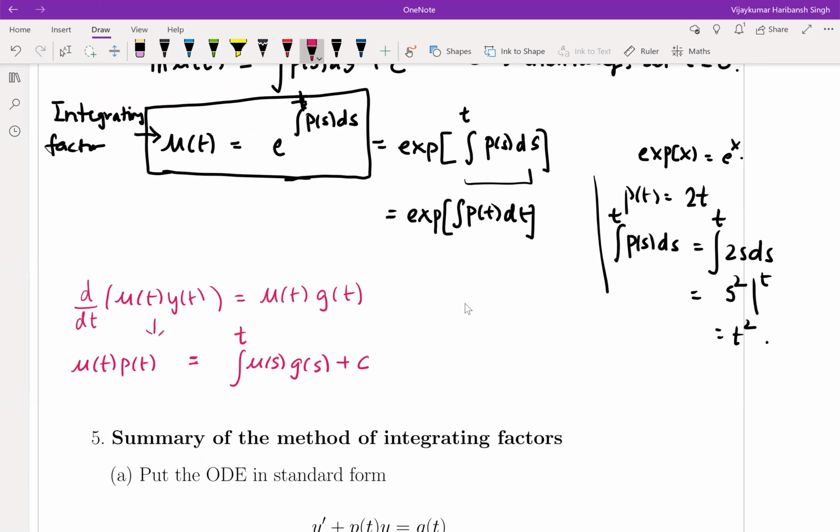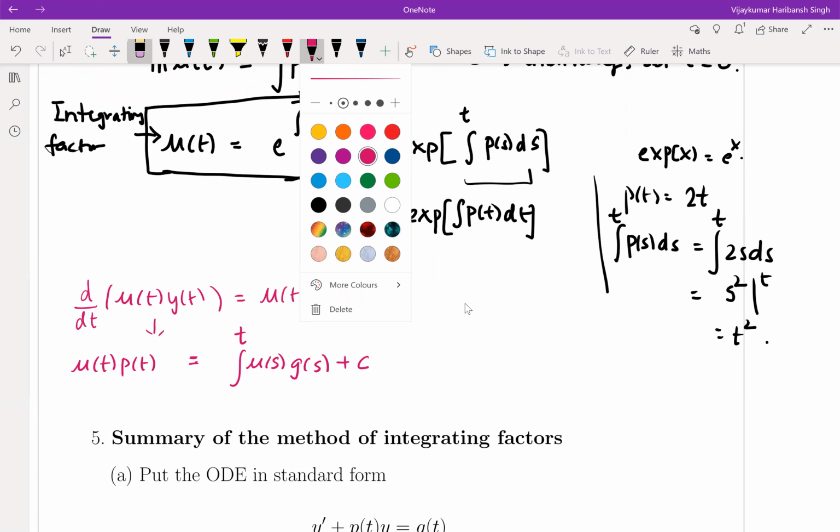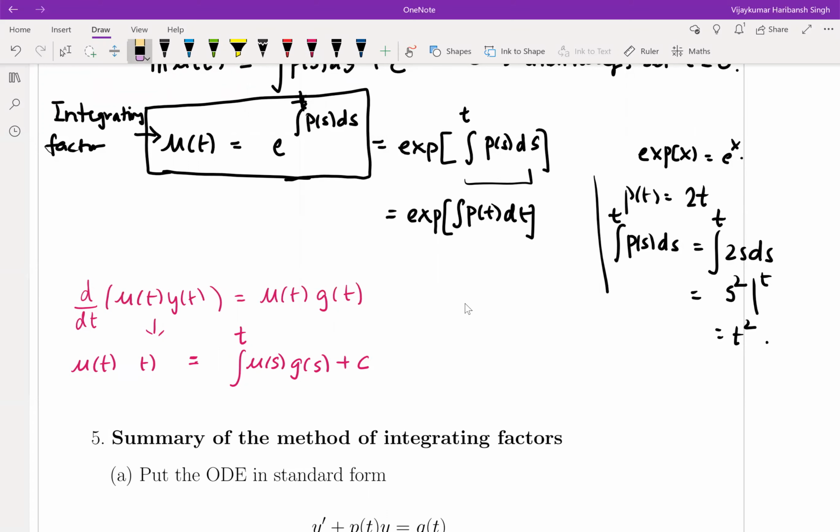So y of t is 1 by mu of t times the integral of mu of s g of s ds plus c, where c is an arbitrary constant.